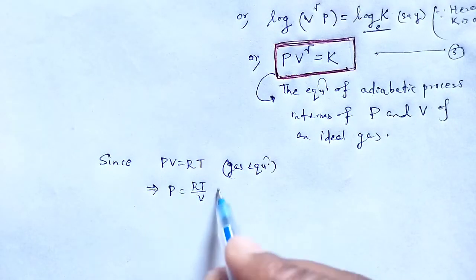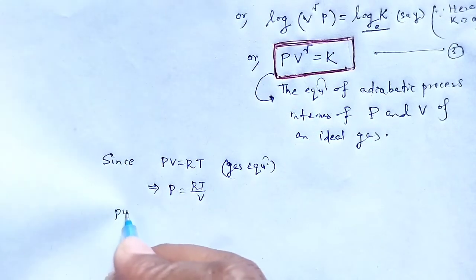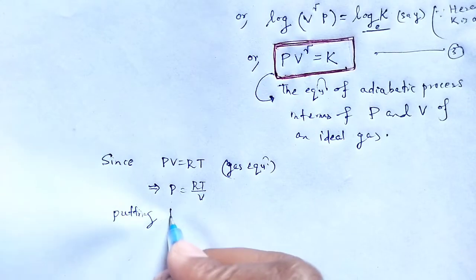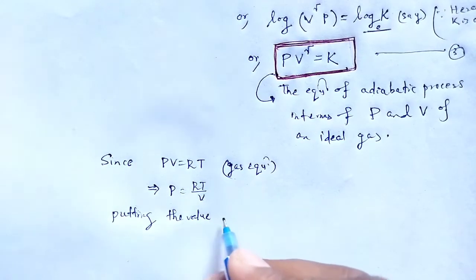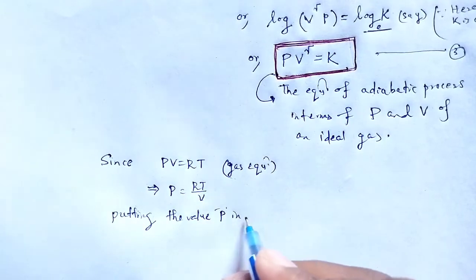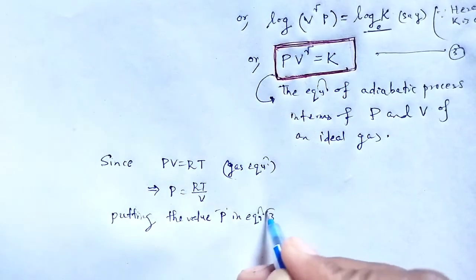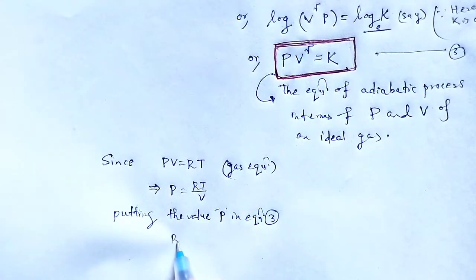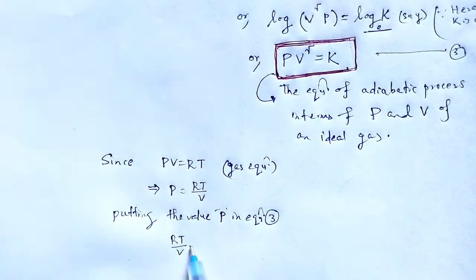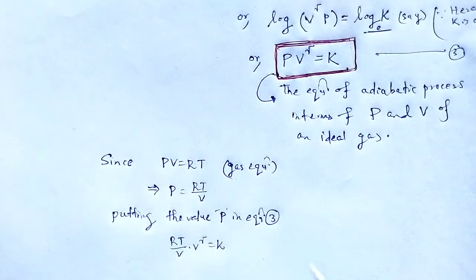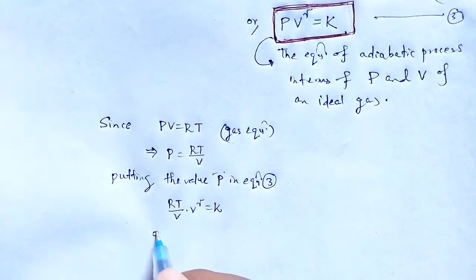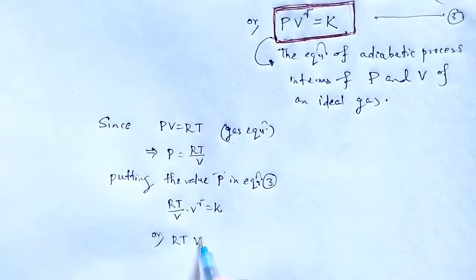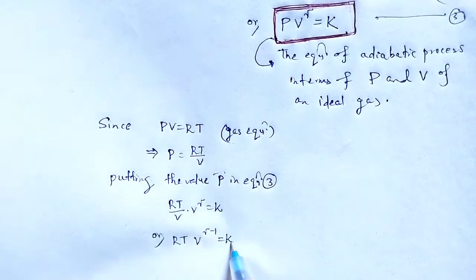Putting this value of P in equation 3, in place of P we substitute RT by V, times V to the power gamma, is equal to K. Simplifying, we get R T V to the power gamma minus 1 is equal to K.